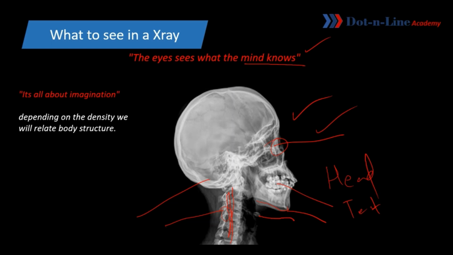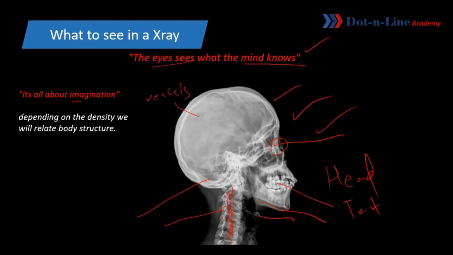These structures passing, these are shades of gray, and you can relate. These are like veins, right? These are the vessels, and many more things you can relate if you know more. So your eye sees what your mind knows about anything that you are seeing.